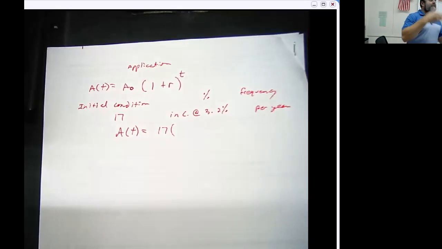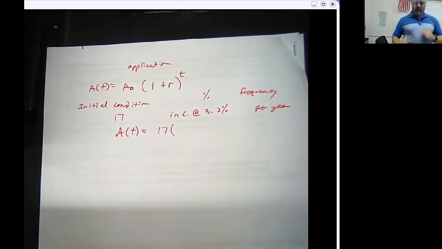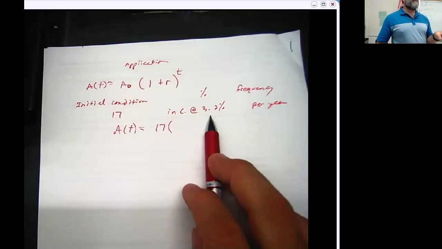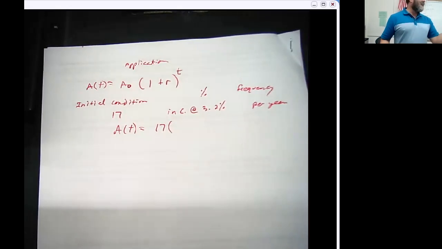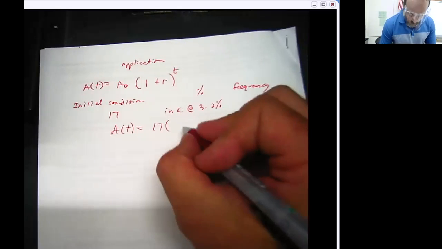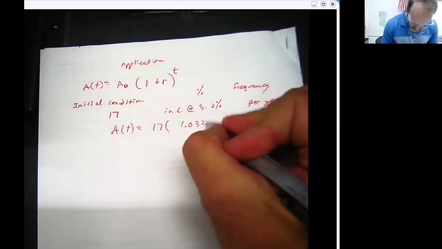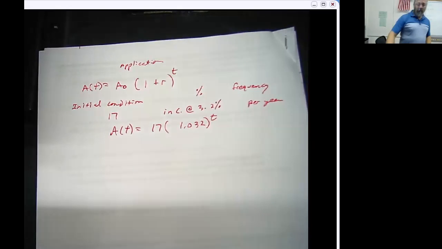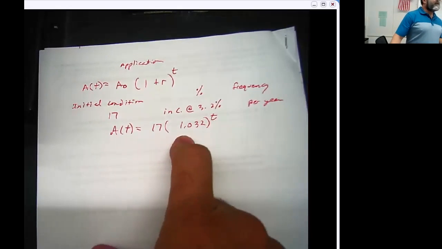So that would be 1 plus 0.032, because remember, how do you turn a percentage into a decimal? You move it over 2 places, don't you? You've done that, but it's probably been years, hasn't it? That's 1.032 to the t power. That's literally the entire story. We could have written an entire paragraph. That's a very uninspiring result, isn't it?